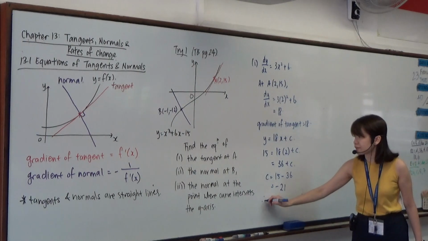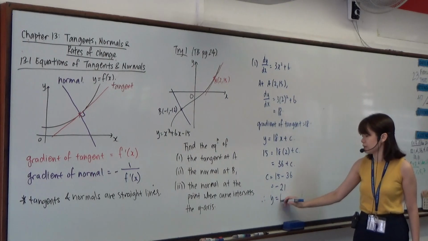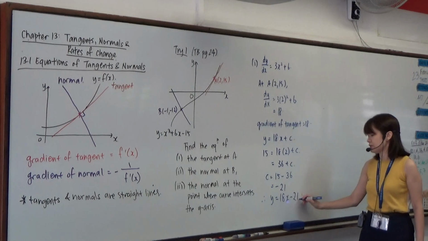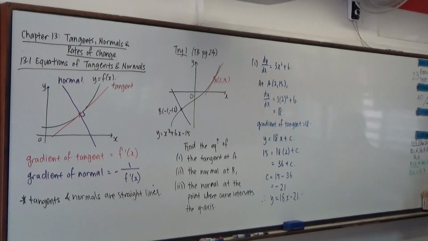Therefore, equation of the tangent will be y equals 18x minus 21. Any questions?